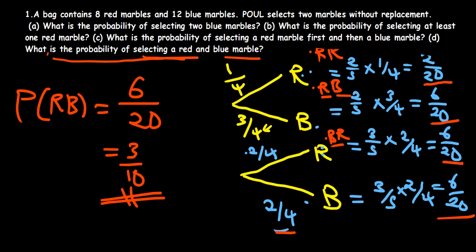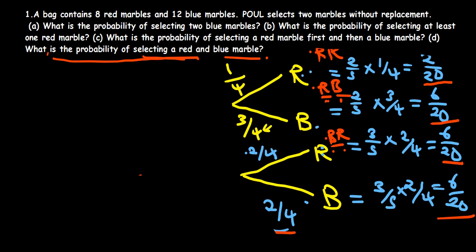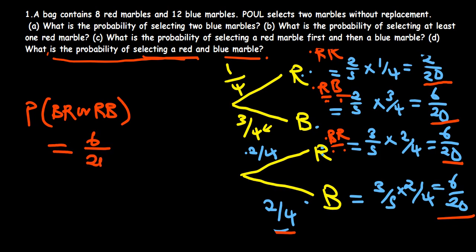So what is the probability of selecting a red and a blue? We're just going to add these two: the probability of red and blue plus the probability of blue and red. Blue, red is 6 over 20, plus red, blue is also 6 over 20.